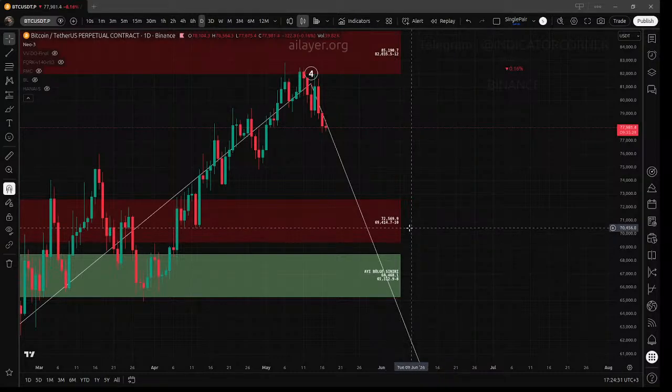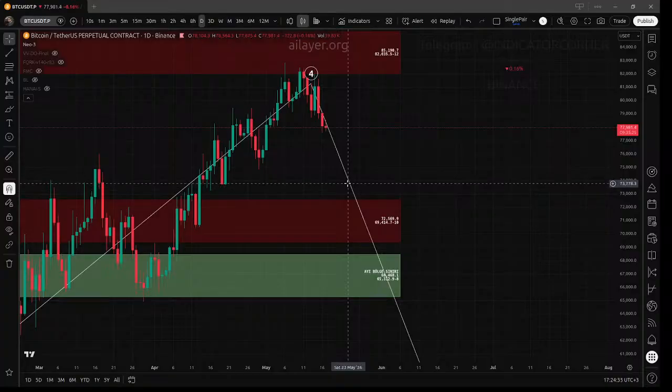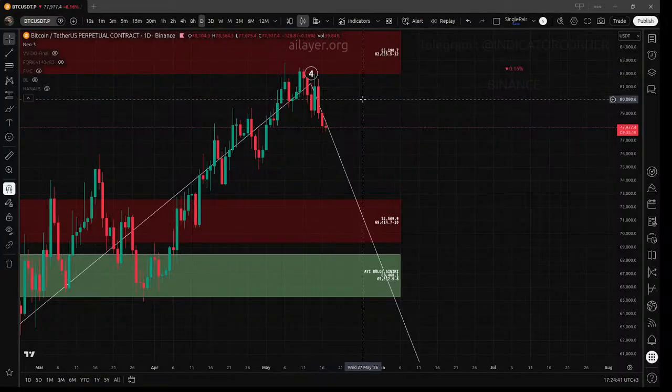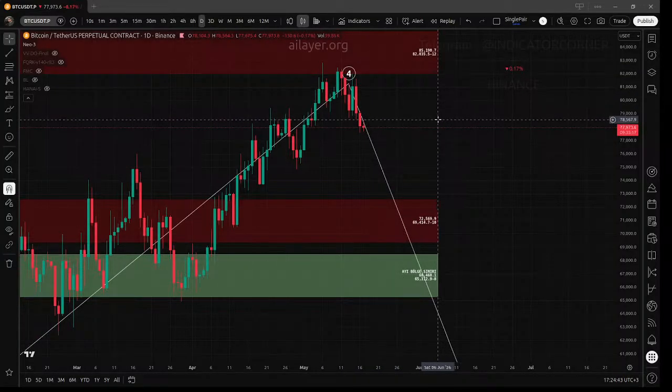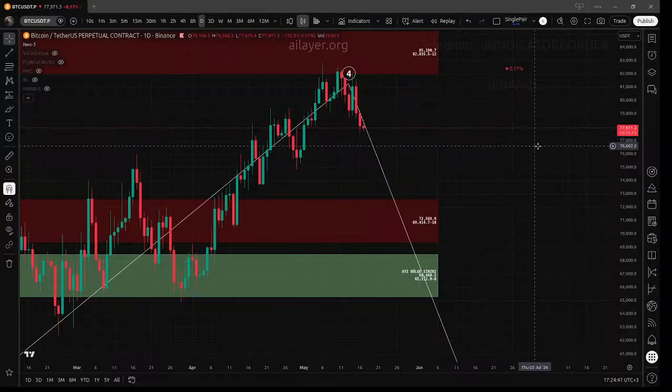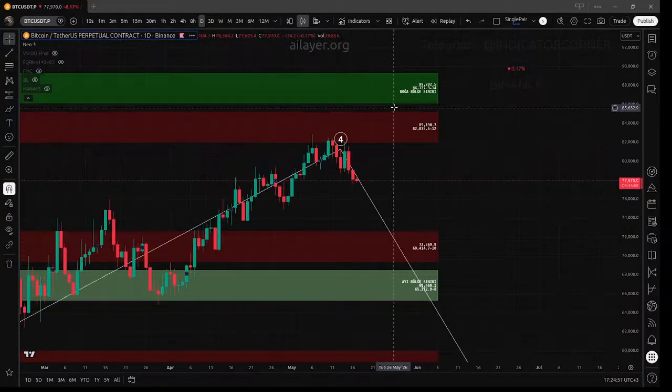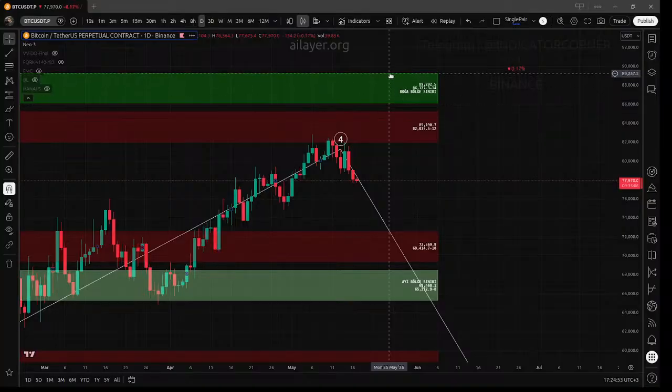The chart shows Bitcoin recently rejecting from the upper distribution region around the 90Ks, 80Ks, 85Ks, also near the 90Ks, and the psychological 100K level really seems very hard to pass through.